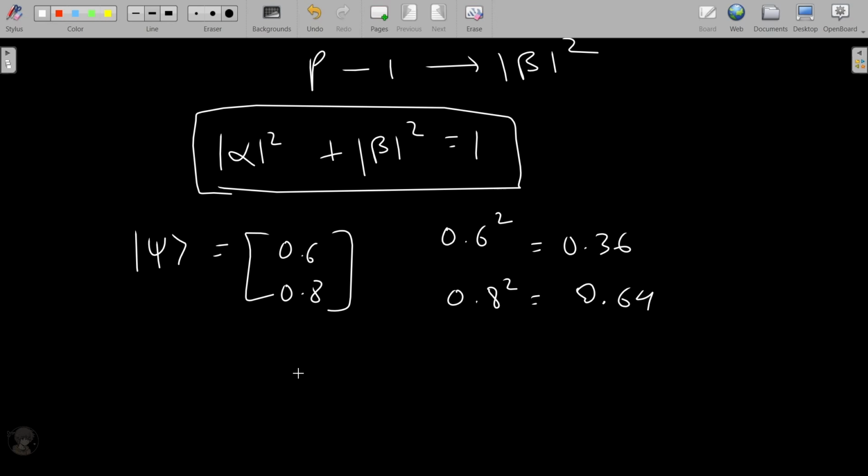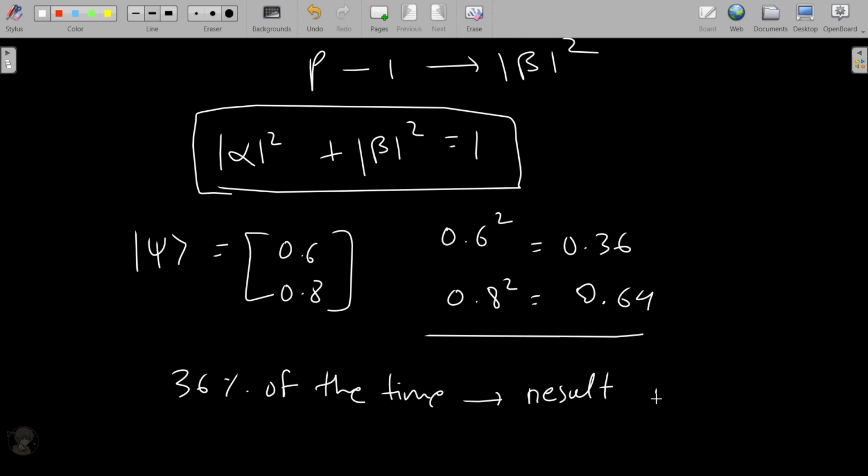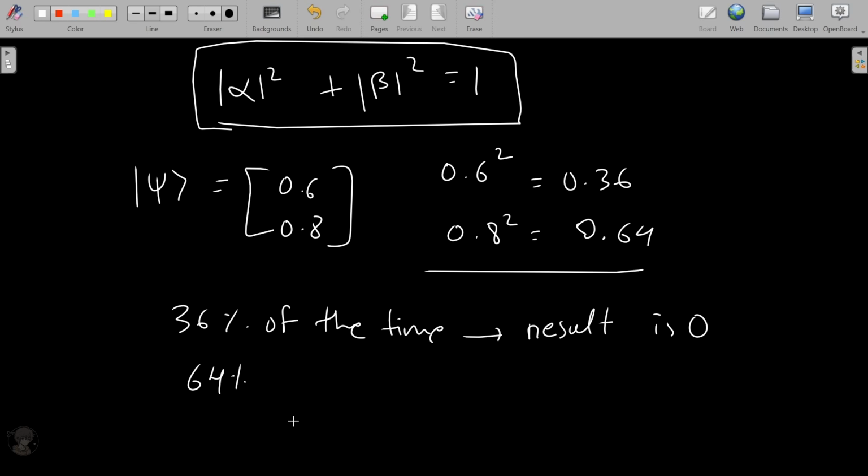This means if we measure the qubit many times, 36% of the time the result is 0, and 64% of the time the result is 1. Measurement is probabilistic. It does not always give the same result.